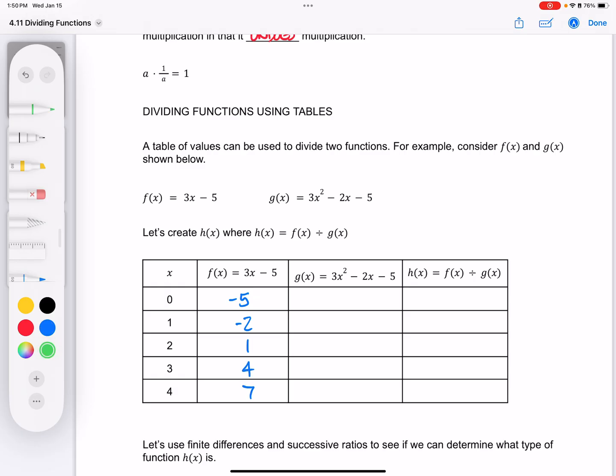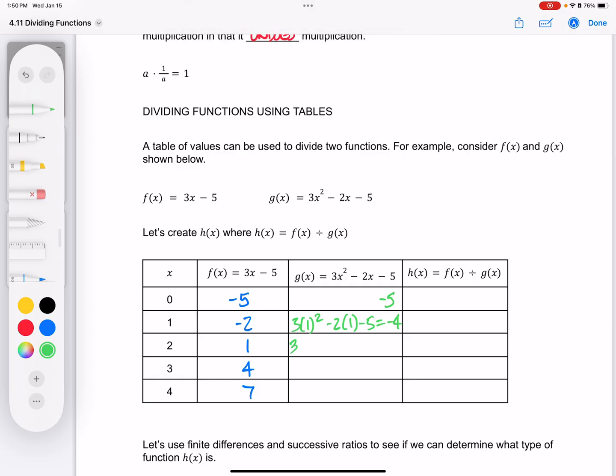7. For 3x squared minus 2x minus 5, we plug in the x into both spots, right? So if it's 0 both times, then I'm going to get minus 5. If I plug in 1, it's 3 times 1 squared minus 2 times 1 minus 5, which is 3 minus 2, 1 minus 5, so that's negative 4.